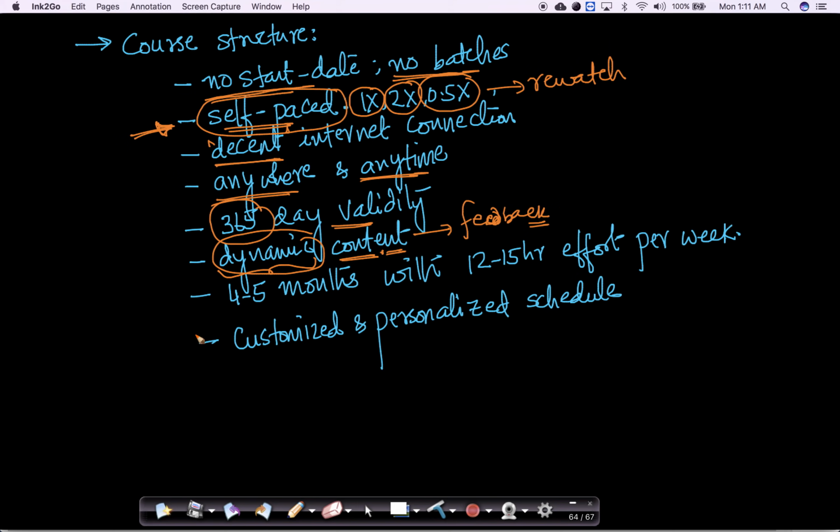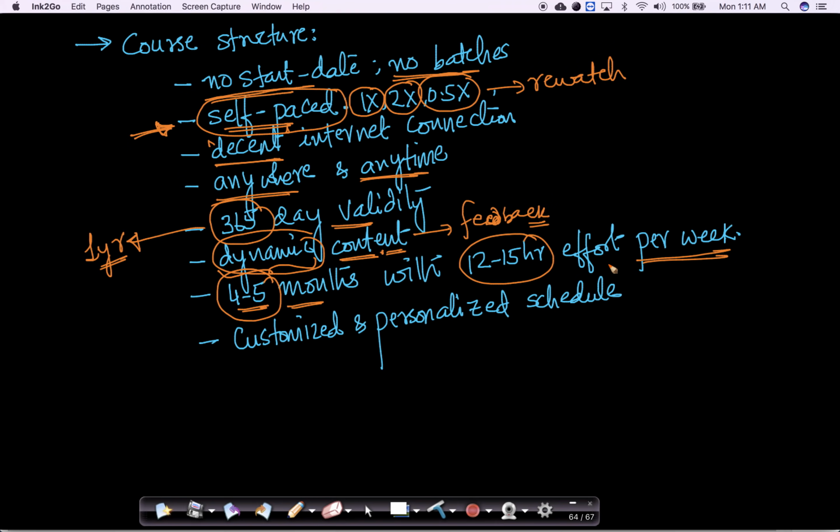A typical student that we have noticed finishes our course content in about 4 to 5 months. Even though the course validity is 1 year, most of our students typically finish in 4 to 5 months if they're willing to put in 12 to 15 hours of effort per week. Again, please note that if you're not willing to put in the effort, this is not the course for you.